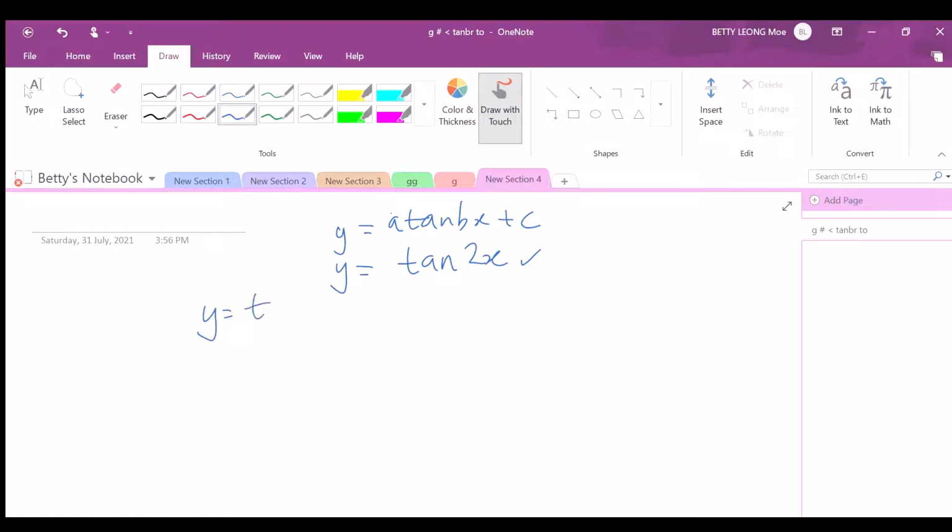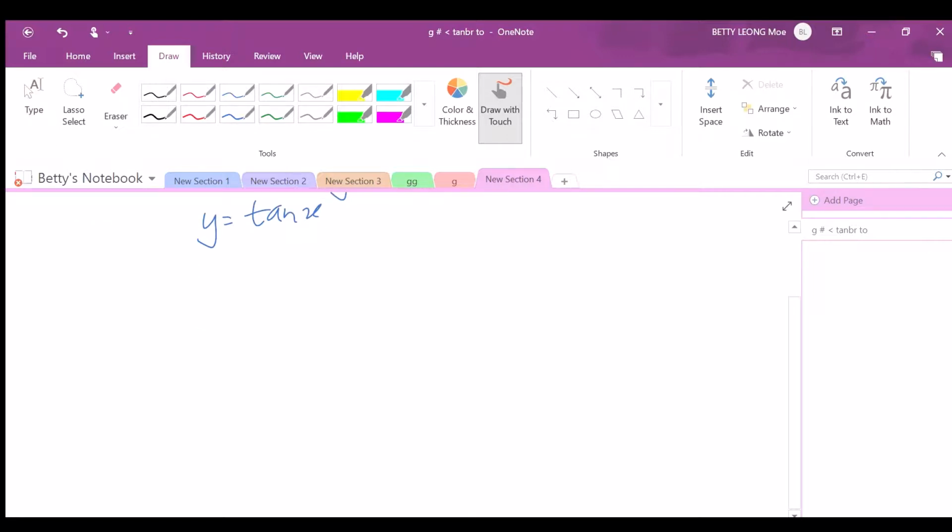Your graph will be like this. That is your y axis, this is your x axis. So 360 you divide into 4 parts. This is 180, 90, 270.